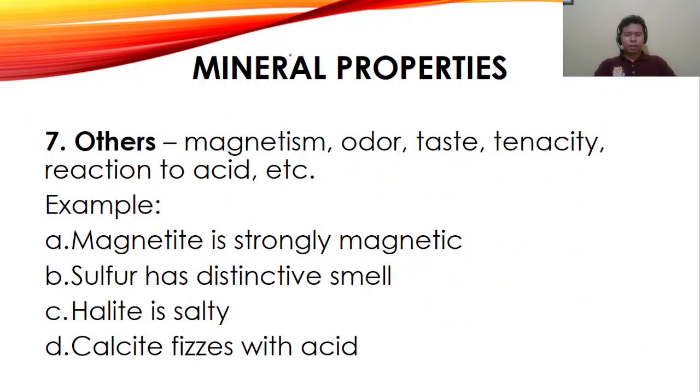There are also special properties of minerals, such as magnetism, odor, taste, tenacity, and reaction to acid. For example, we have magnetite, which is usually magnetic. Sulfur has a distinctive smell.